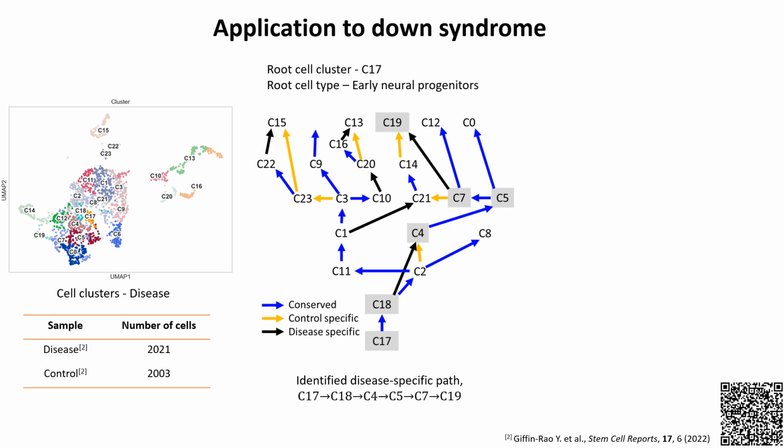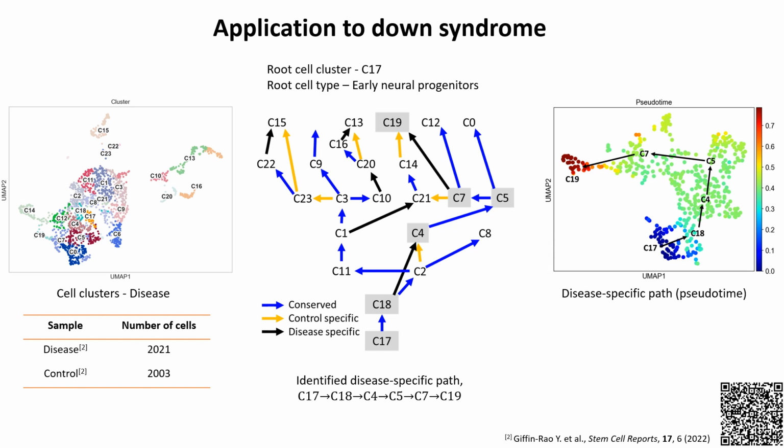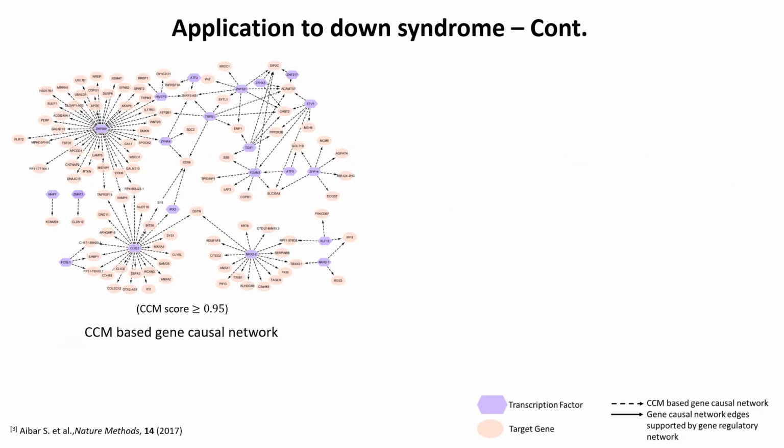In this particular case, we identify C17, C18, C4, C5, C7 to C19 as one of the disease-specific developmental paths. So this is how the pseudotime varies in this path. By applying pseudotemporally ordered gene expression data, we can infer causal links between transcription factors and target genes.